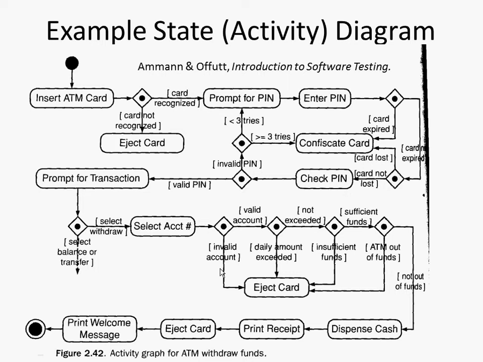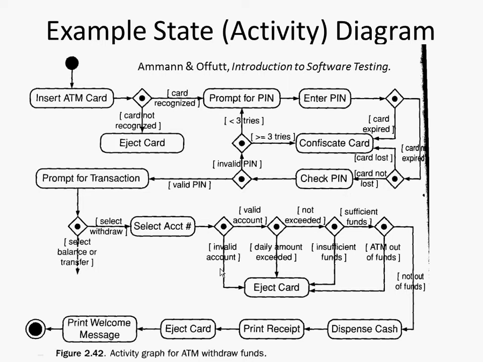Because again, how could you claim without blushing that you've tested your system seriously unless you've gone through every transition here? Or at least that you've gone to every point here. If you've never tested that the system could confiscate the card, how can you claim to have tested this? You haven't really tested it's working properly. You've tested that pieces of it are working properly, but not the system as a whole.